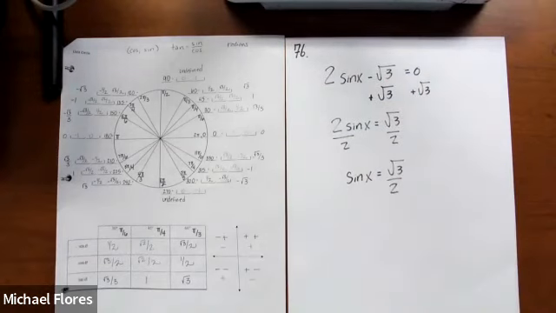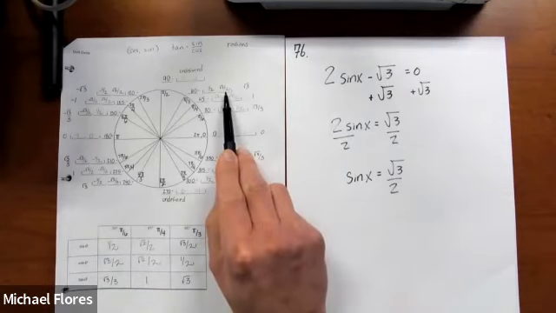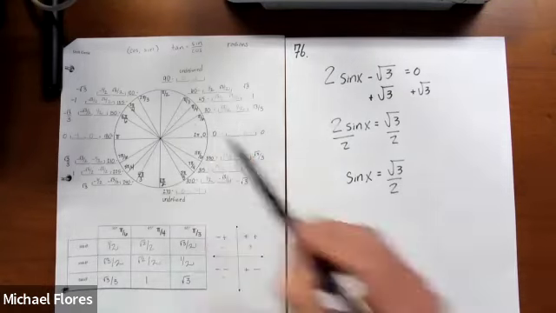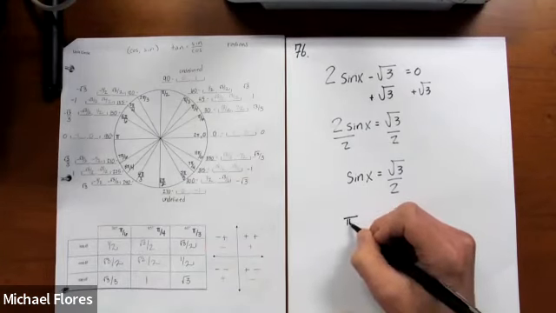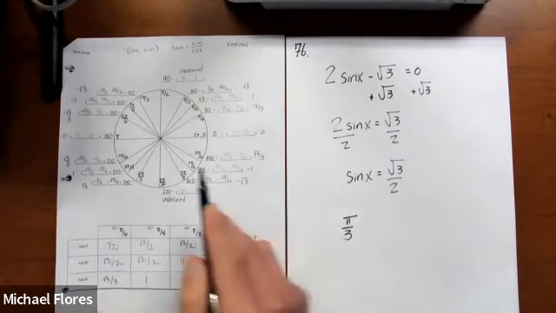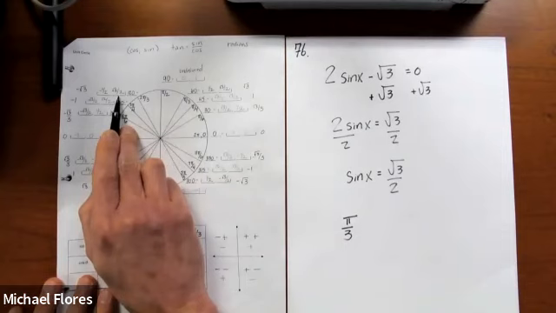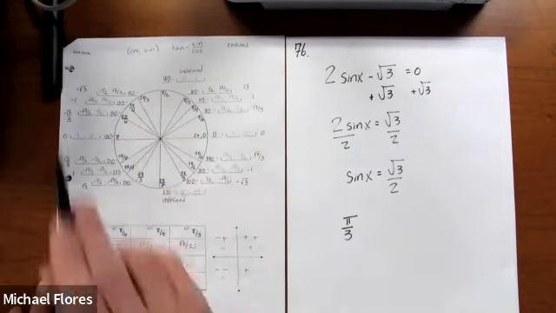And from here, all we're trying to do is figure out where in our unit circle is our sine value, root 3 over 2. Well, that would be here at pi over 3 radians. And then again, right there at 2 pi over 3 radians.